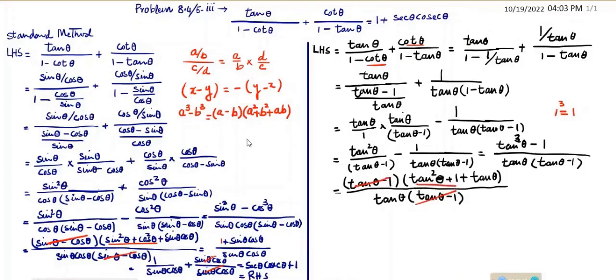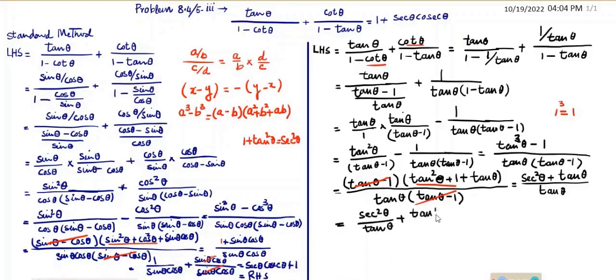We know that 1 plus tan square theta is equal to sec square theta. Replacing tan square theta plus 1 by sec square theta, we get sec square theta plus tan theta in the numerator and tan theta in the denominator. Separating the expression in two parts, we have sec square theta over tan theta plus tan theta over tan theta.